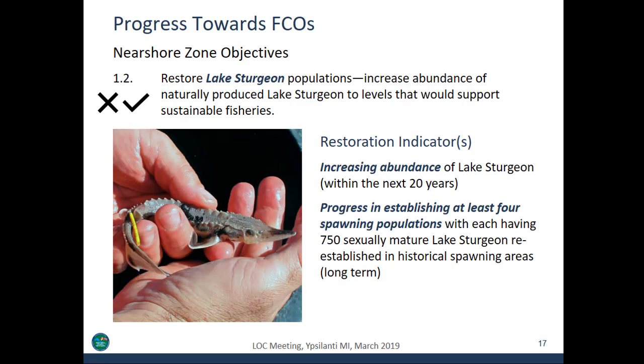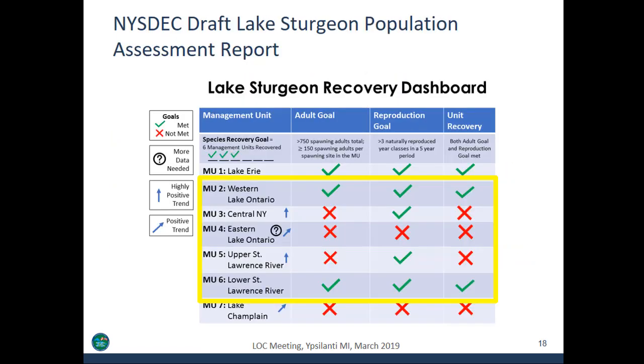Our next FCO is 1.2, to restore lake sturgeon populations. Here we have two restoration indicators, which today I don't really have the time to get into, but I did want to bring everyone's attention to the recently published New York DEC draft lake sturgeon population assessment report. Here we can see in yellow some areas that may be of interest to us. Some take-home messages are that in Western Lake Ontario, we're seeing that it meets the metrics for delisting.